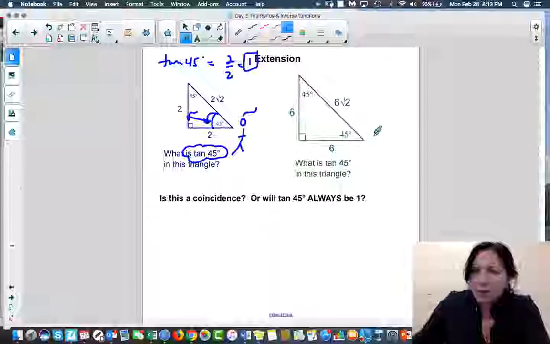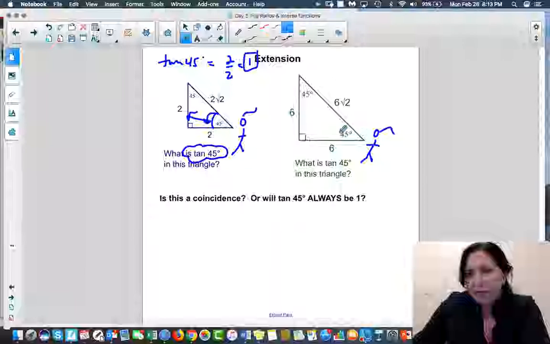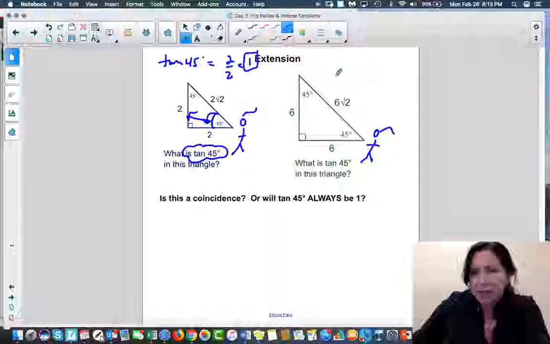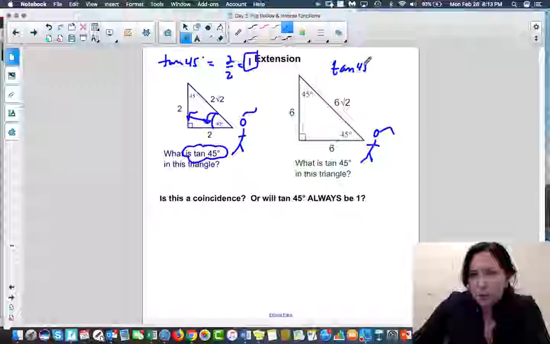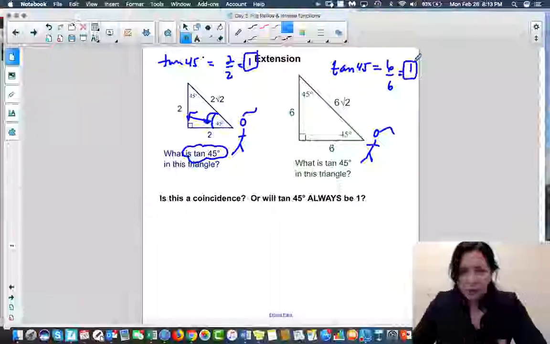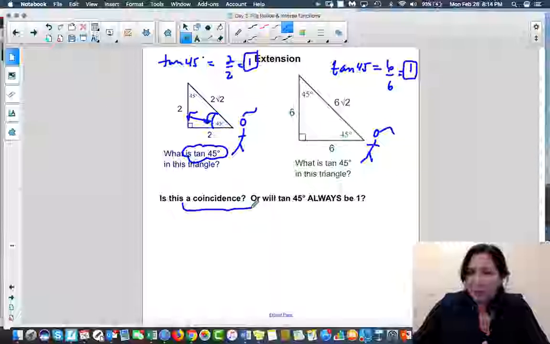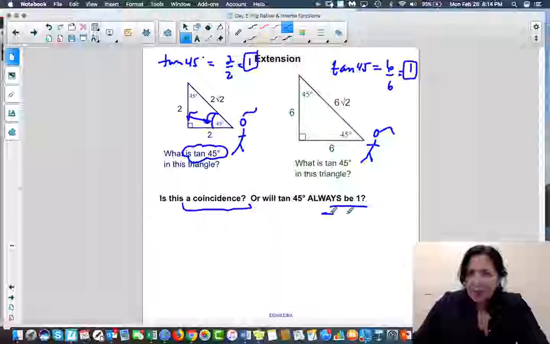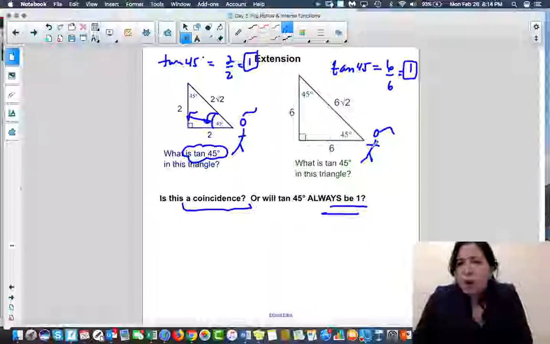Tangent of 45, so here we are on this triangle here. Okay, tangent of 45, opposite over adjacent. So tangent of 45 is equal to 6 over 6, which again is 1. So what do you think? Coincidence? No, it's always going to be 1. These are always the right triangle.